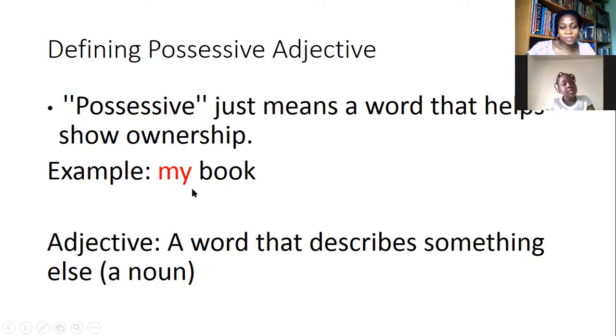If the example says, your book, in that case, who owns the book? Listen, Lali, pay attention. Stop playing with the pencil. You're getting confused.